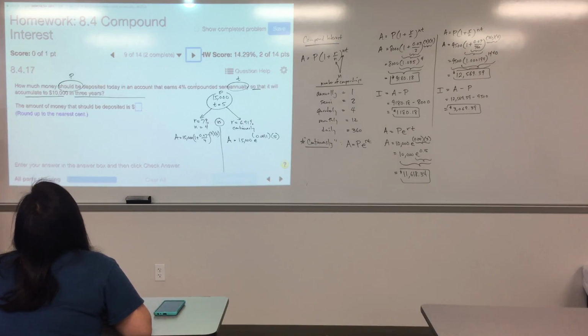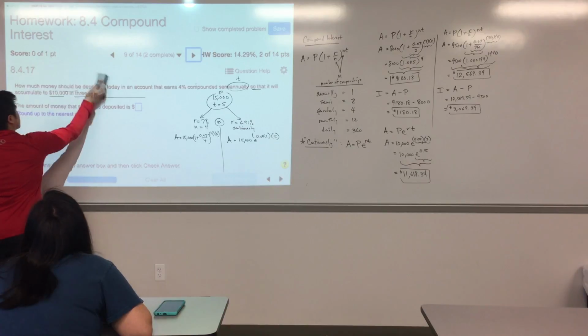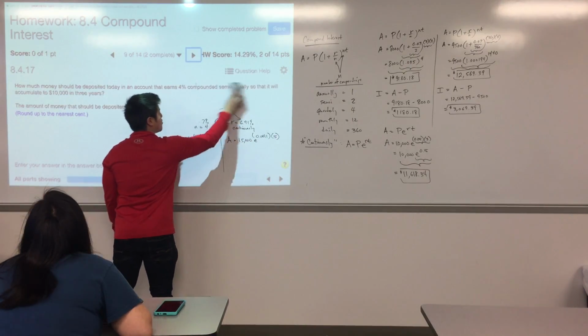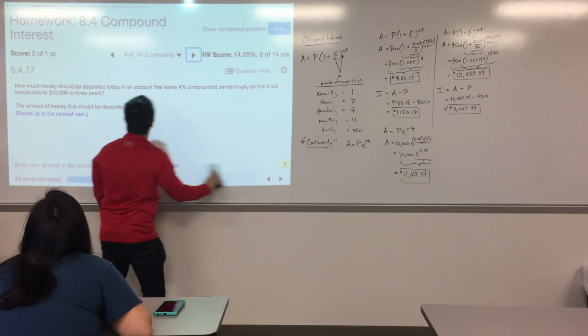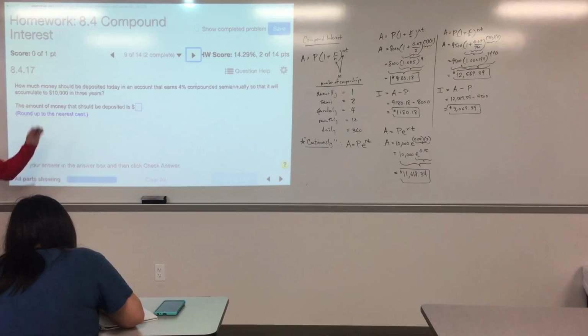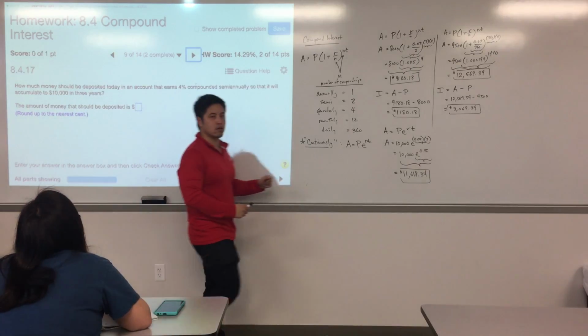All right, let's take a look at this next one. How much money should be deposited today in an account that earns 4% compounded semi-annually so that it will accumulate to $10,000 in 3 years? Are we looking for future value now?